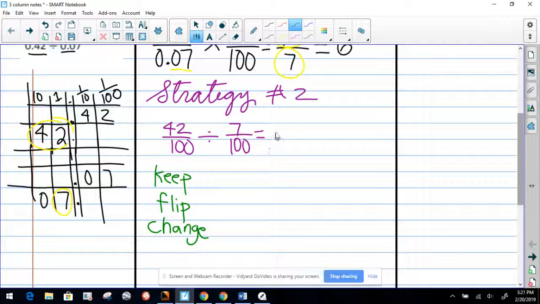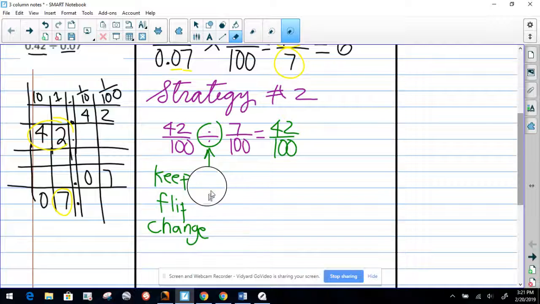Here we go. So we're going to keep the 42 hundredths. We're going to flip, change. Let me correct the arrow, my friends. The arrow should go to the other one. Actually, let me write this correctly.